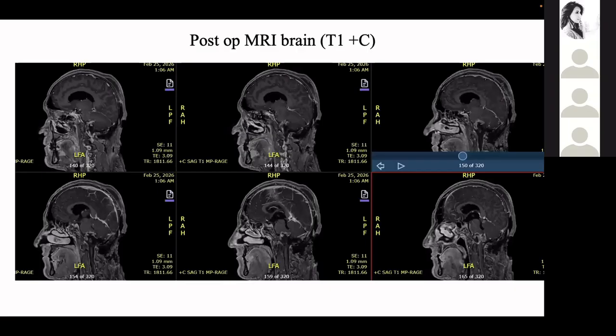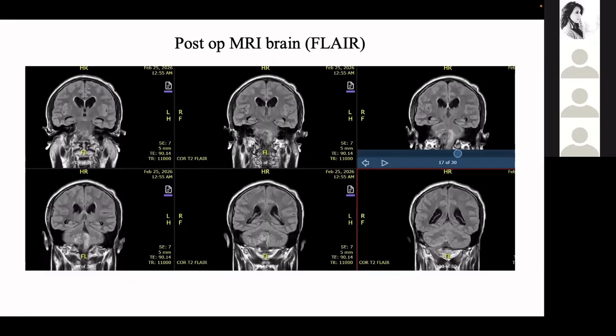Again, similar, you can appreciate that the residual lesion is enhancing, and I think two-thirds of the component has been removed, but one-third is still there. On FLAIR images, you can appreciate the resection cavity is appearing dark while the tumor around the resection cavity appears bright.